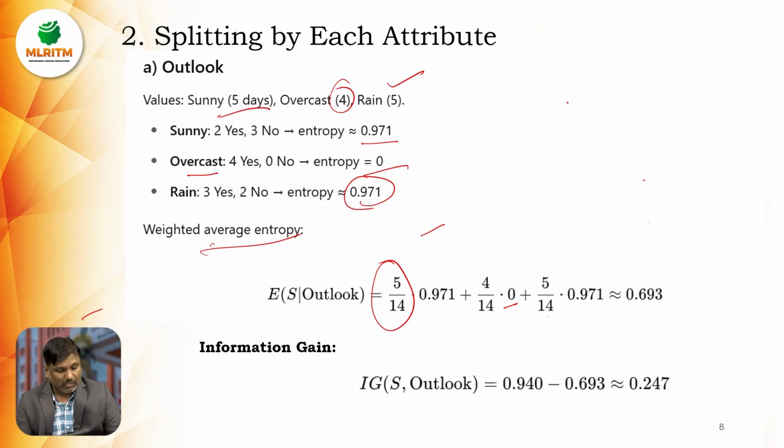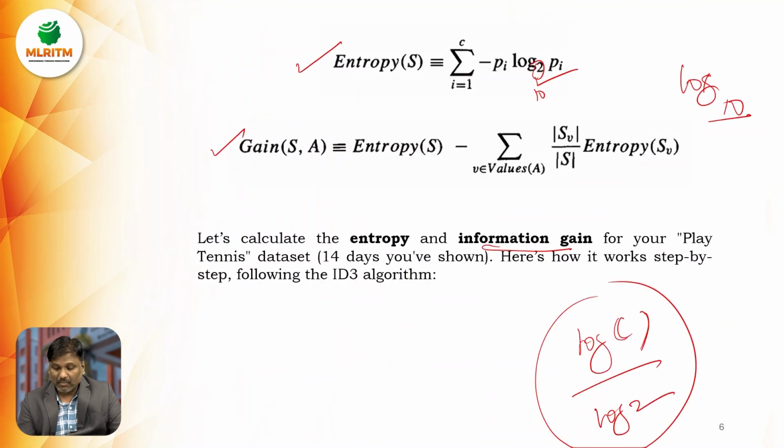Next we try to find out the information gain, or simply gain. What is the formula for this gain measurement? Entropy minus the summation of SV by S into entropy of SV, which is nothing but the average entropy.